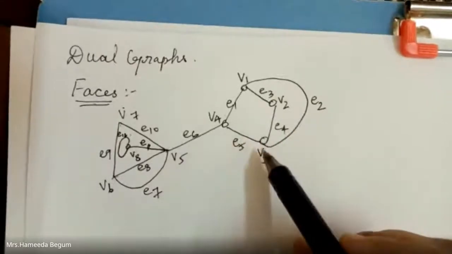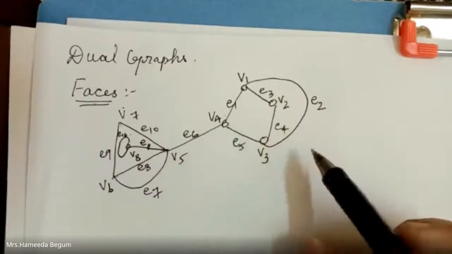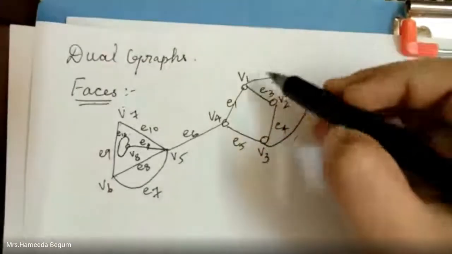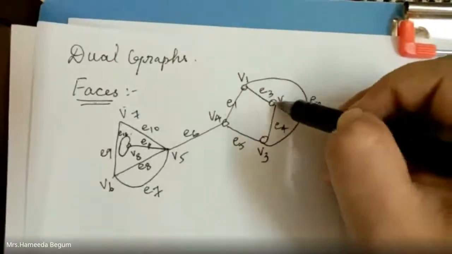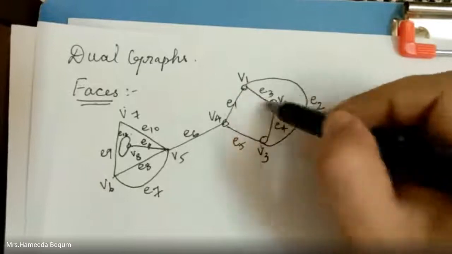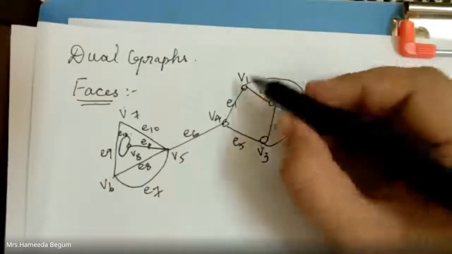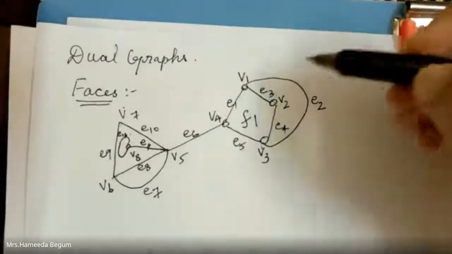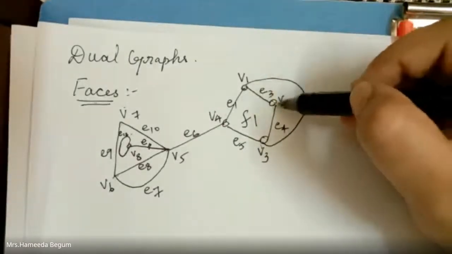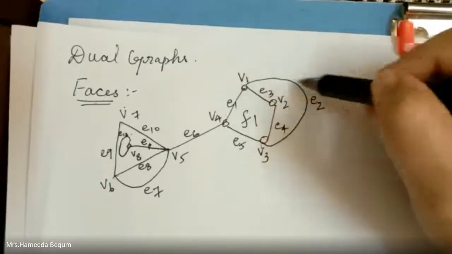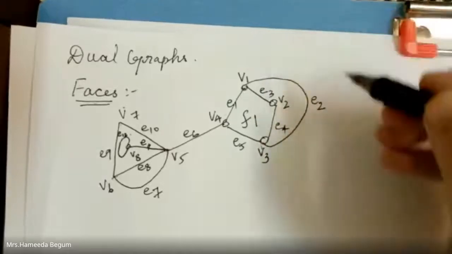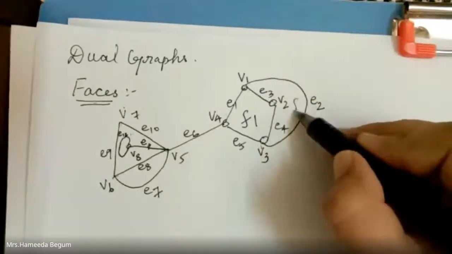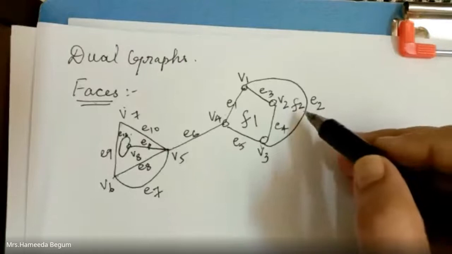The closures of these regions are called the faces of G. For example, V1, V2, V3, V4 is one connected region, so that partition you can represent as face F1. Similarly, V1, V2 and V3 is also a connected region. We can name it F2.